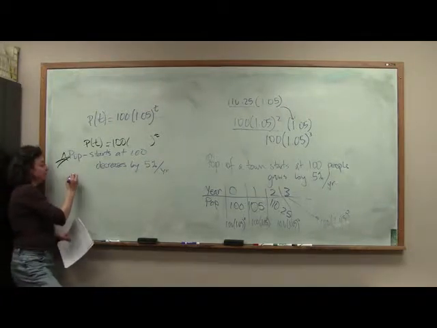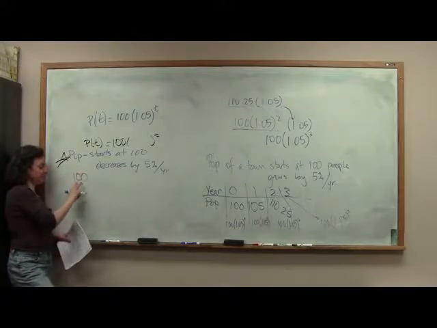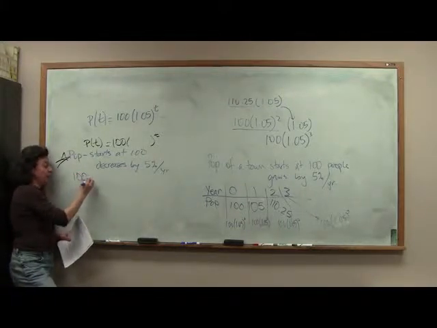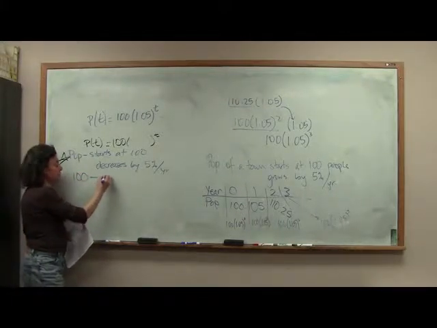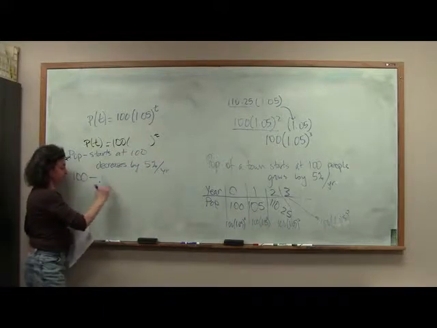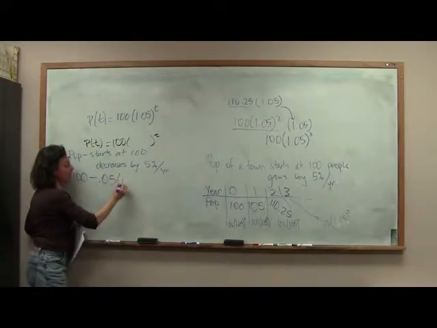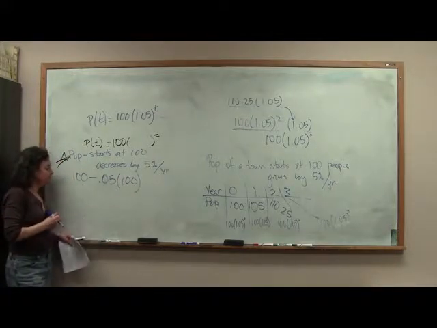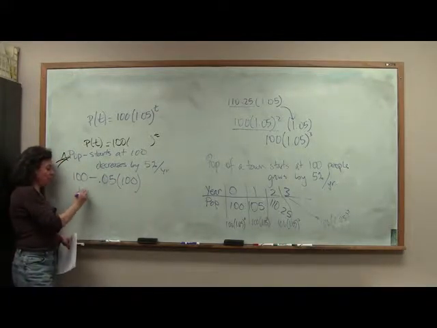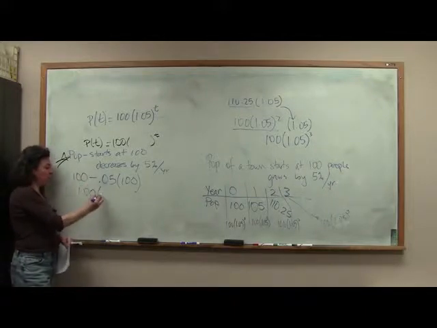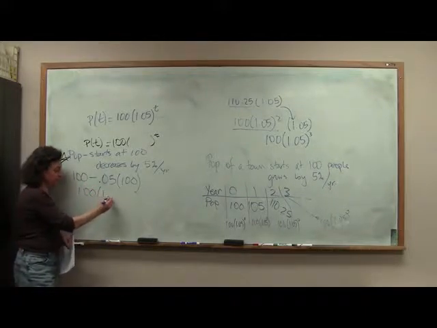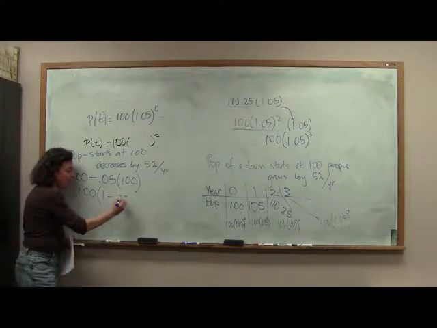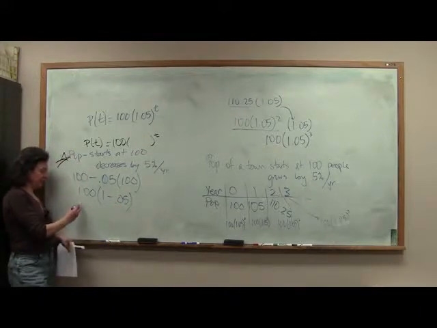Let's look. Do you agree after the first year you got 100, but now you're going to subtract off 5% of that population? So now if I factor out 100, I have a 1 in my first term, and now I have minus 0.05.